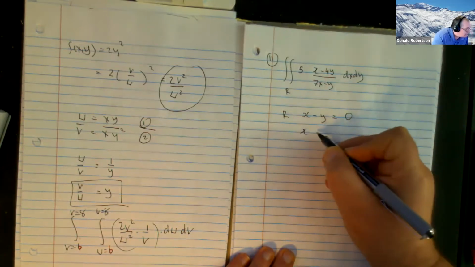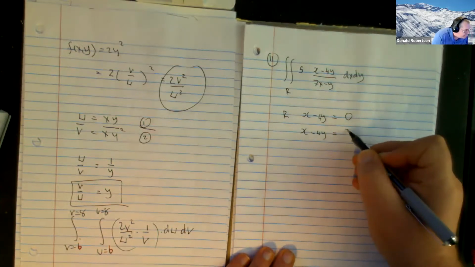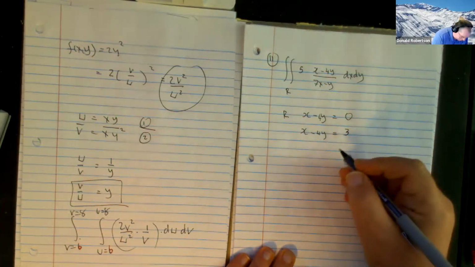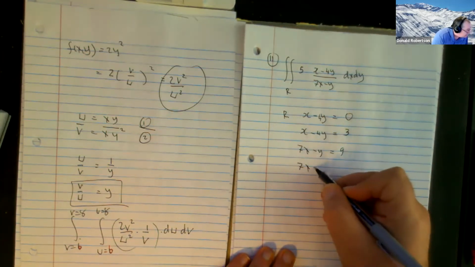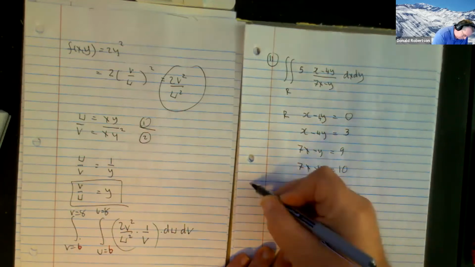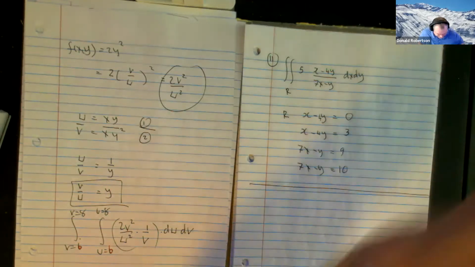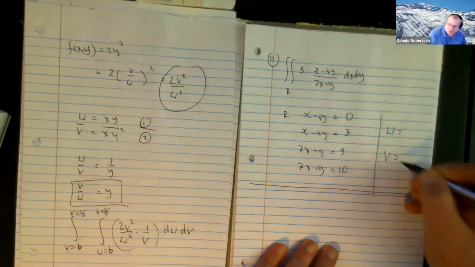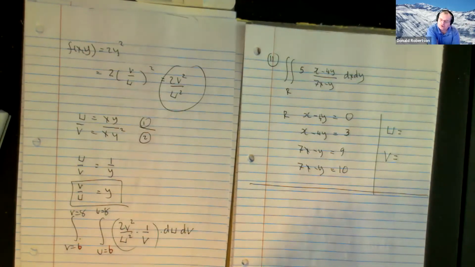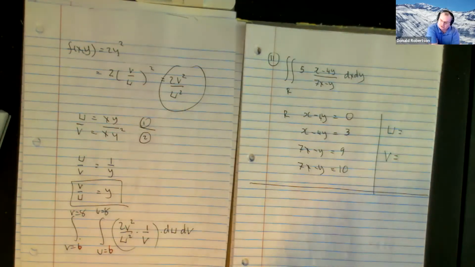And here are the equations of these 4 lines. And we need to do a change in variable. We need to pick a u and a v. There are lots and lots of clues here to tell us who a good u and v would be.